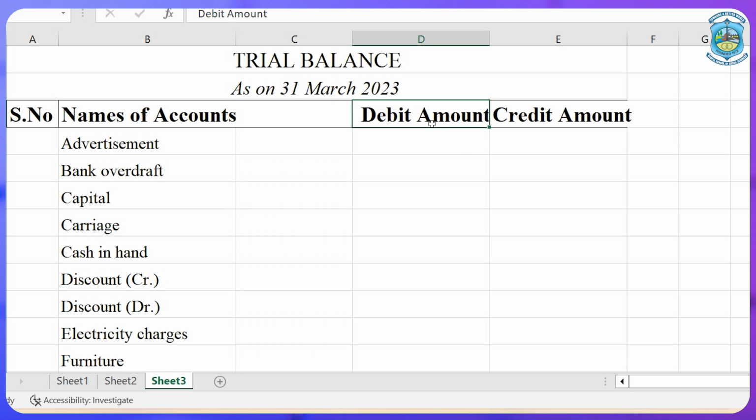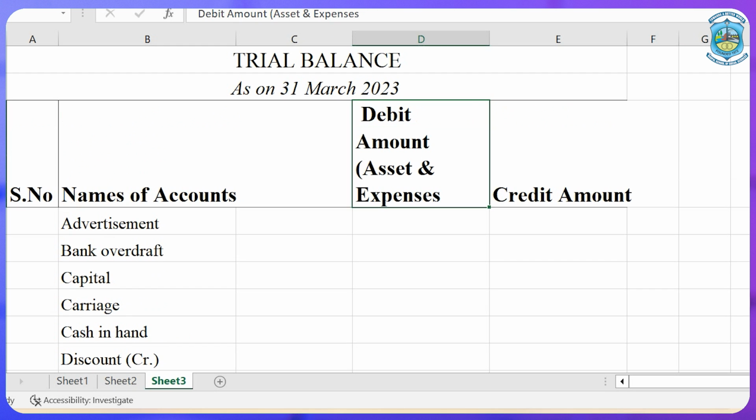So here comes my trick. Okay, this is a very easy trick to prepare the trial balance, and that is, I am writing within brackets, that all the assets and all the expenses will be written in the debit column.